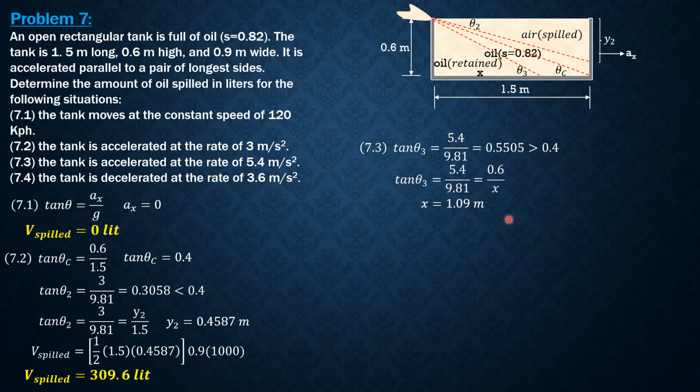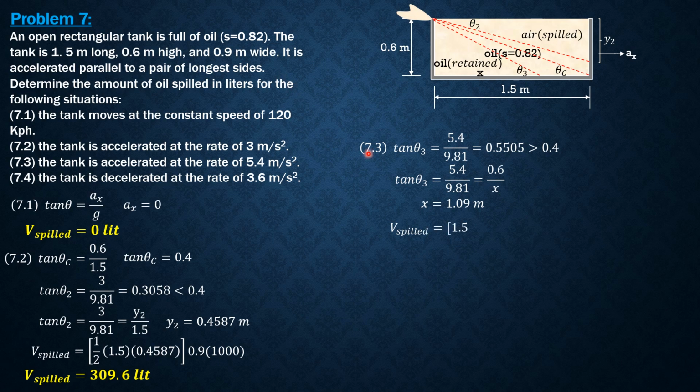So the analysis is volume spilled is original volume of oil minus volume retained. Volume retained is simply 1/2 of x times 0.6 times 0.9, while the original volume is 1.5 times 0.6 times 0.9.